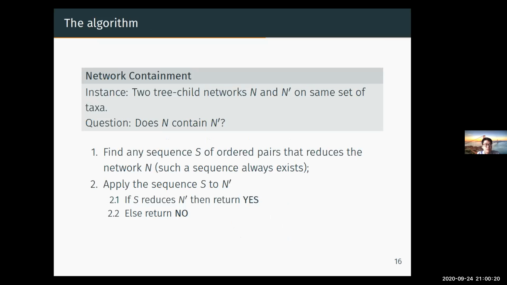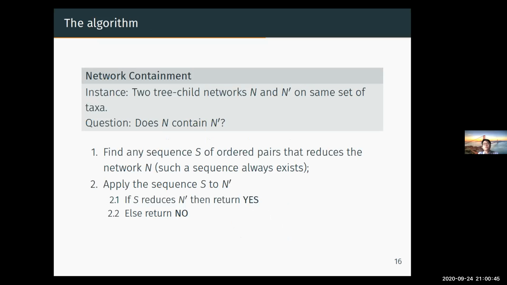So for the network containment problem for tree-child networks, how do we actually solve this? If you're given two tree-child networks N and N prime on the same set of taxa, you first find a tree-child sequence that reduces N. Remember, we can pick in any order, so that's really nice.